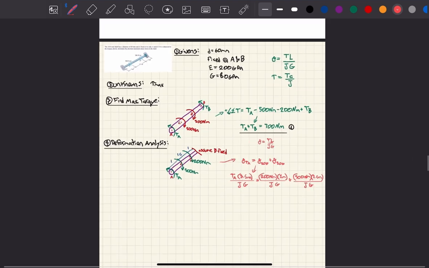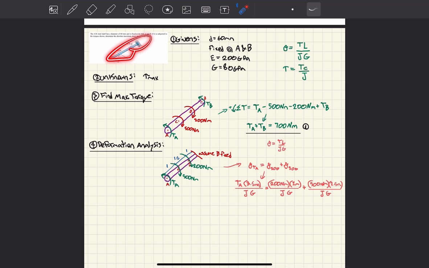Since I have the same constant material, A36 steel, and the same polar moment of inertia, they all act at the same constant diameter shaft. If, for example, the shaft got bigger, we can't cancel this out. Or if you had a different material on this part of the shaft, obviously you can't do things like this, so please take note of that. But long story short, these cancel out.